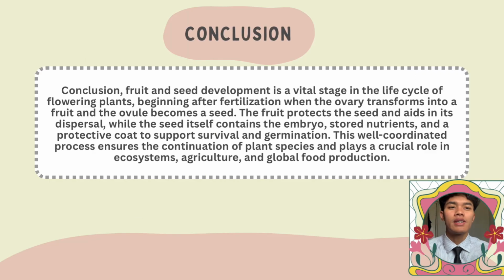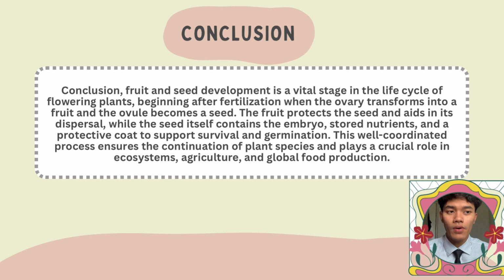Okay, the last one is the conclusion. Fruit and seed development is a vital stage in the life cycle of flowering plants, beginning after fertilization, when the ovary transforms into a fruit and the ovule becomes a seed.